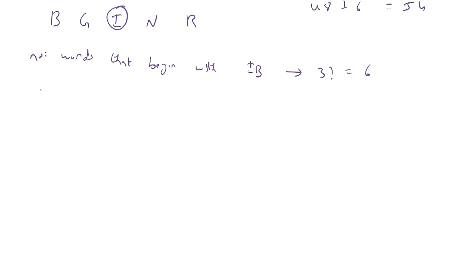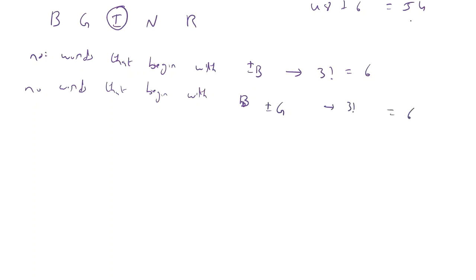Okay. Now we can add the number of words that begin with the next letter. After IB we have IG. Number of words that begin with IG is also 3 factorial, which is equal to 6.